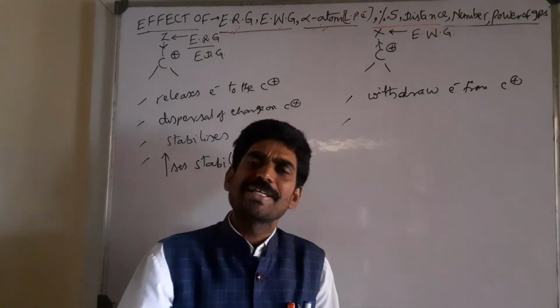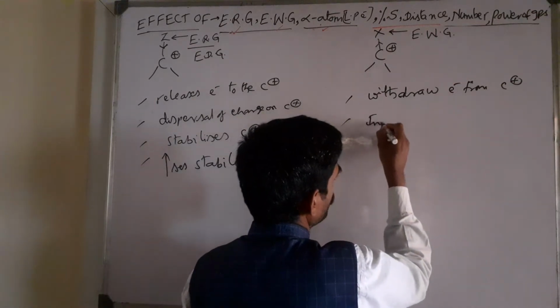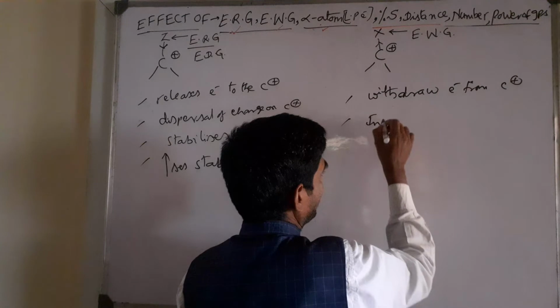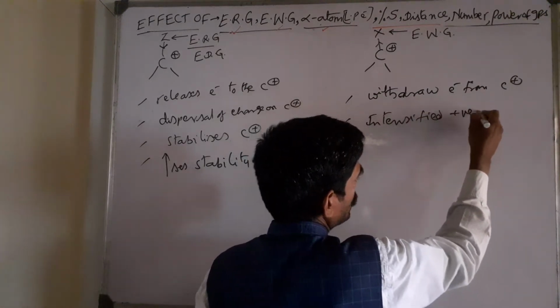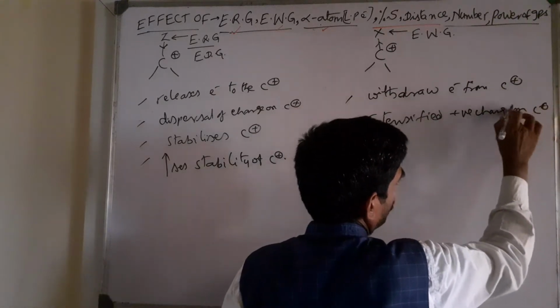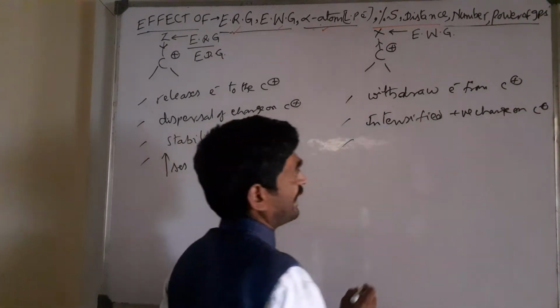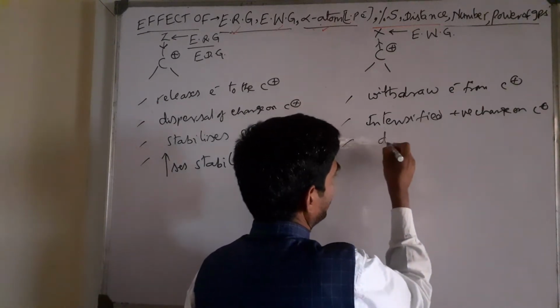More positive charge means going to be more unstable, right? That intensifies the positive charge on the carbocation. So because of that, that destabilizes the carbocation.